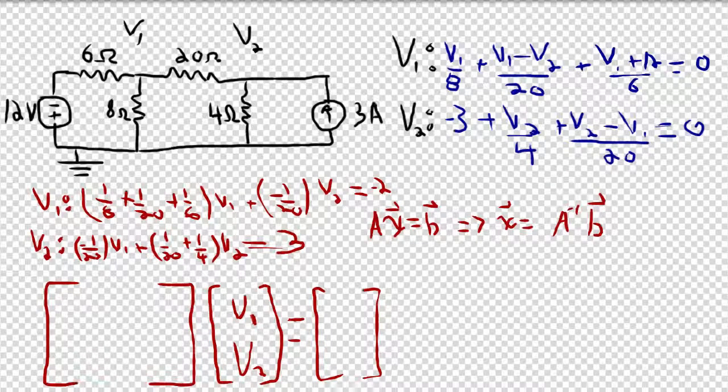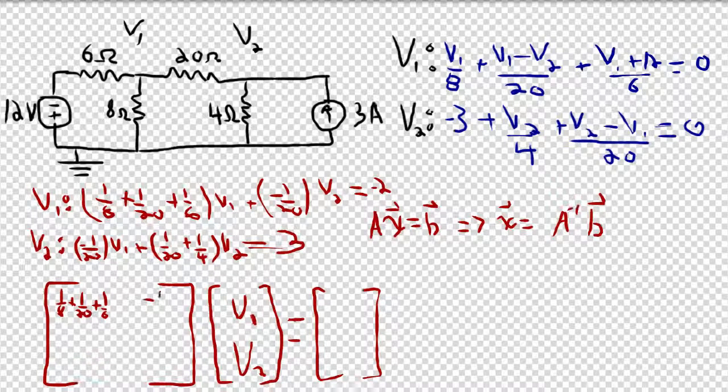So what do we put in the matrix? Well, we just go spot by spot. So in the top left corner of the matrix will be how many V1s we have in the V1 equation. So in this case, it'll be 1/8 plus a 20th plus a 1/6. And then the top right will be how many V2s we have in the first node equation.